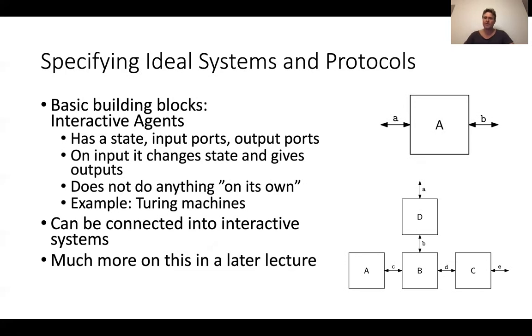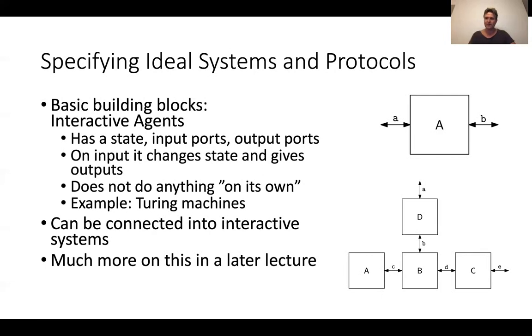And what we'll see is that when we're specifying the ideal system and when we're specifying the protocols, we'll be using the same building blocks, something called interactive agents. So interactive agents are just machines, also called state machines, which is something that doesn't do anything in itself, but we consider it a computer, and it's something that reacts to inputs and gives outputs. Okay?